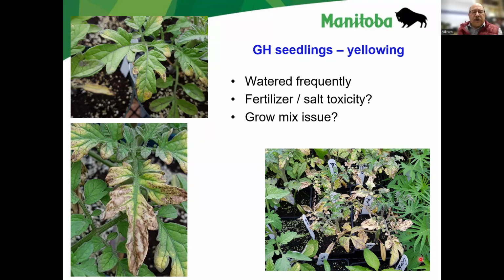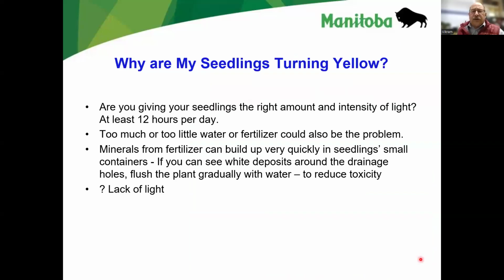And sometimes it's the grow mix issue. I have had a few batches of grow mix where there is some infection coming in from the grow mix itself. Not many times, but there have been a few times when even new batches created trouble for me. Now, these are some of the reasons that we had found when Tom and I visited one or two greenhouses, and these were the main problems.